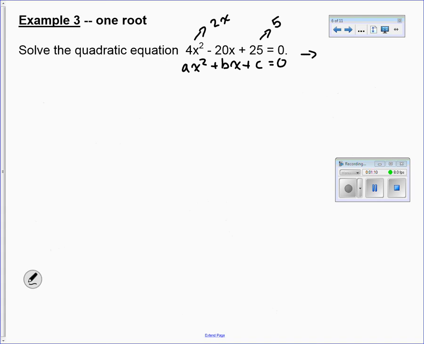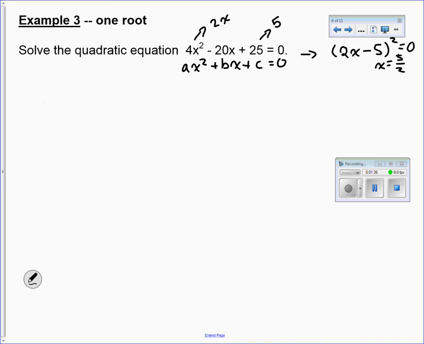So this should factor too. Square the first, square the last, multiply and double. Oh, so this should be 2x minus 5 all squared is equal to 0. So that means I should have, as my solution, x is equal to 5 over 2.